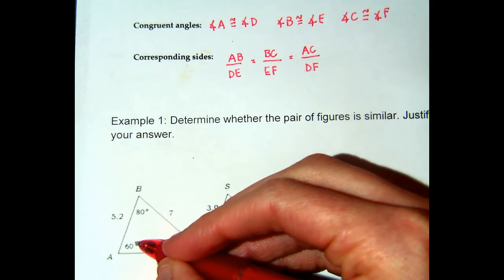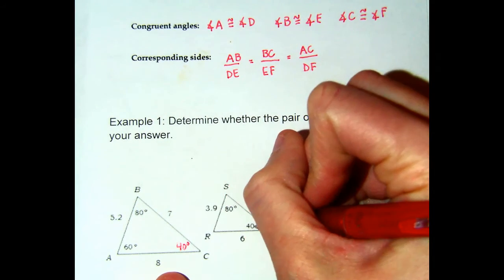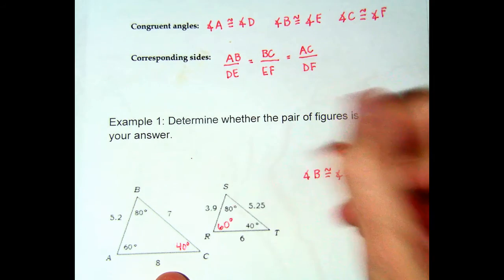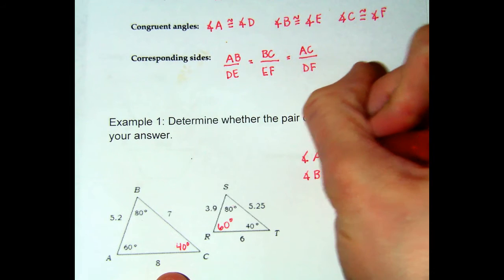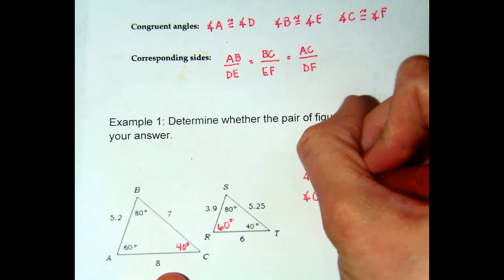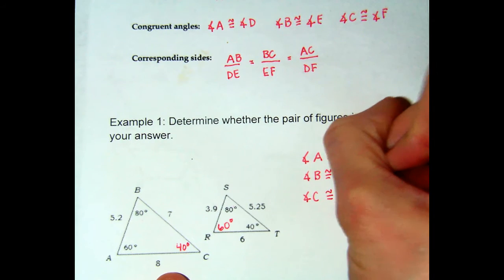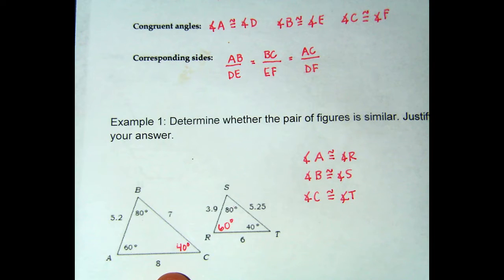We have 80 and we have 60, so we have 40 degrees left. 80, 40, there's 60 degrees left. These do come out congruent, so angle A is, in fact, congruent to angle R, and angle C is congruent to angle T. So we've got the first statement. It says two polygons are similar if and only if their corresponding angles are congruent. We have that piece. But next we need to make sure the measures of their corresponding sides are proportional.